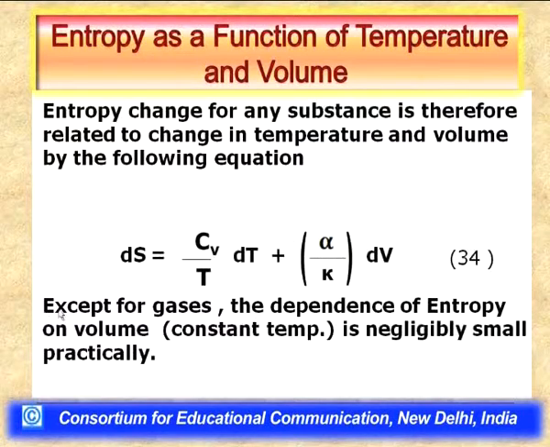Therefore, we can conclude that except for gases, the dependence of entropy on volume is negligibly small in all practical senses. So, practically, entropy is a function only of temperature for condensed phases.